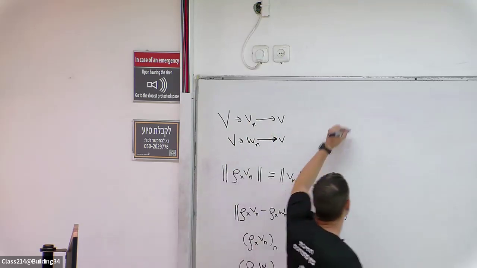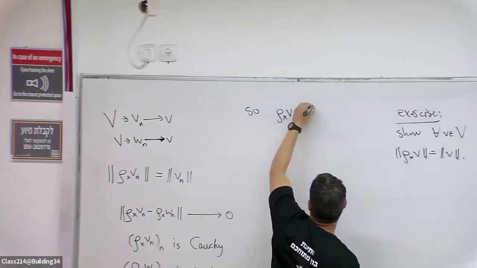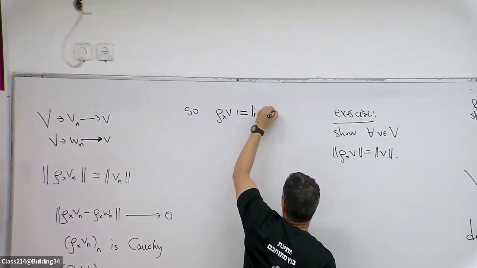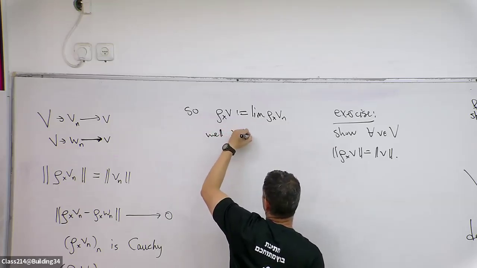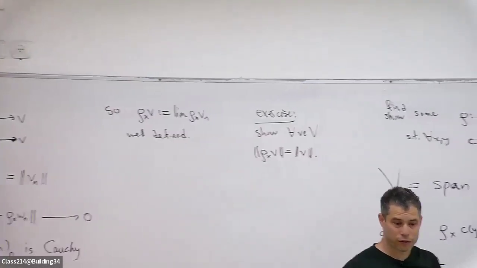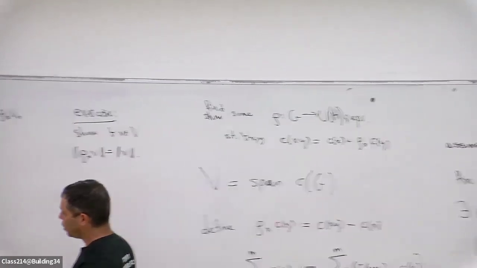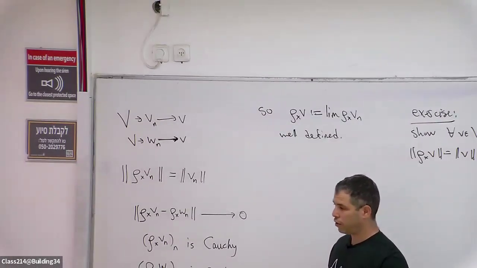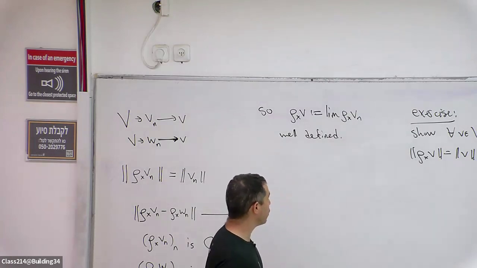So rho x v, which we define to be the limit of rho x V_n, is well defined, because we showed it doesn't depend on the choice of vectors. So this extends naturally to the closure.